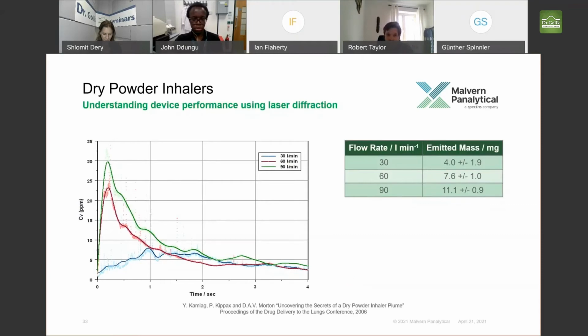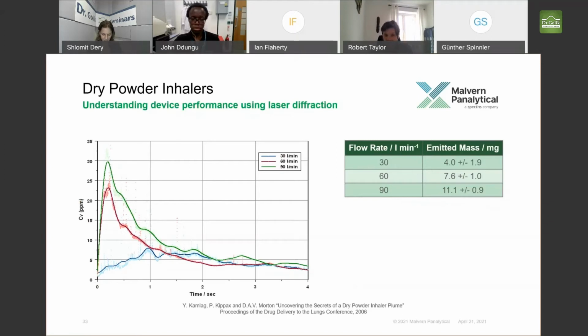We can see here that at different flow rates, we get slightly different content. If we convert that transmission data into concentration, so ppm here, we can see at 30 litres per minute, the concentration is fairly low. It gets up a little bit to maybe 6 or 7 parts per million, but then tails away.